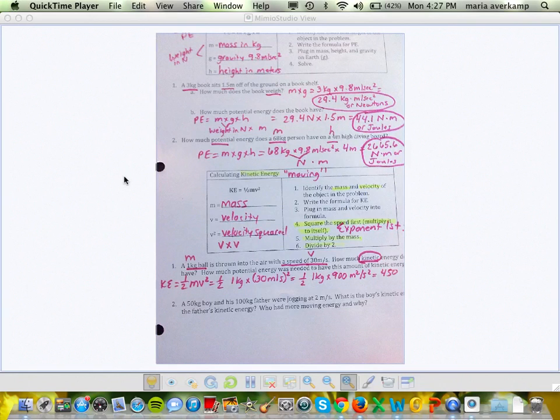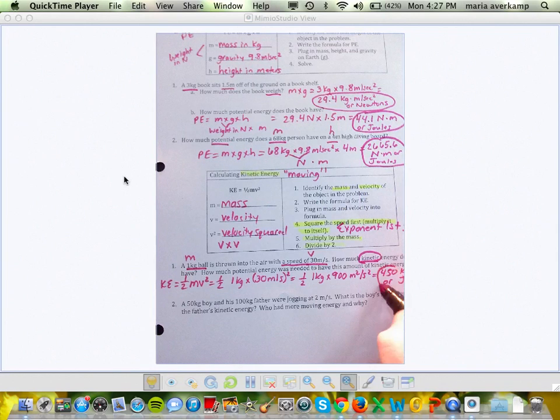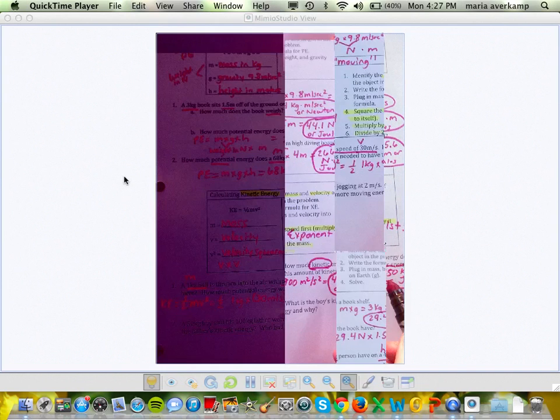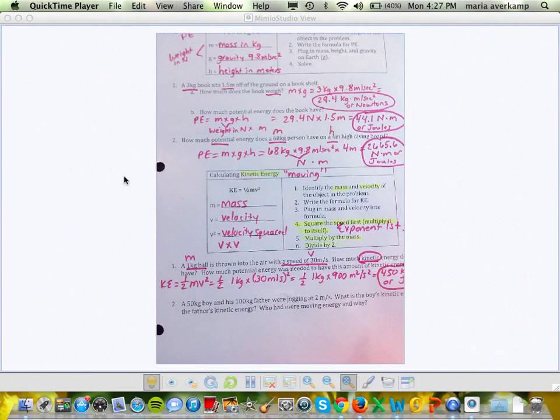450 what? In this case, I would get 450 kilograms dot meter squared per second squared. That's pretty complicated, so we're just going to say that equals a joule. So a kilogram times a meter squared per second squared is equivalent to a joule of energy also. So basically, if I have 450 joules of kinetic energy, the second question is, how much potential energy was needed to get this?